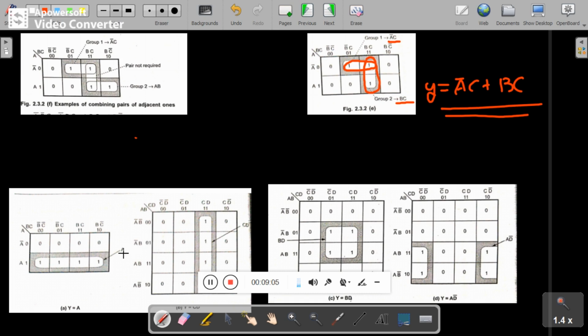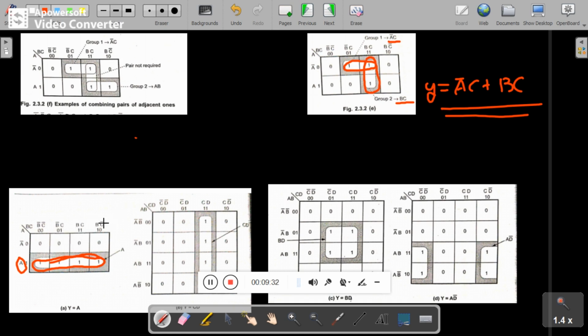Now third one is, you see here 4 ones are there. When you see 4 ones, you can group 4 adjacent ones. Now what is the answer? When you group 4 ones, vertically only one variable is there. Horizontally, all the variables will get negated.